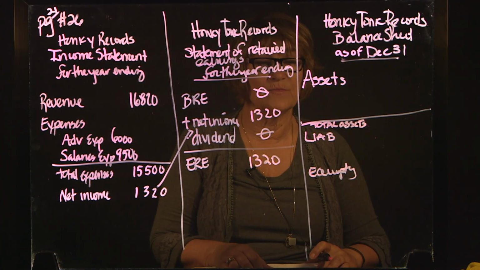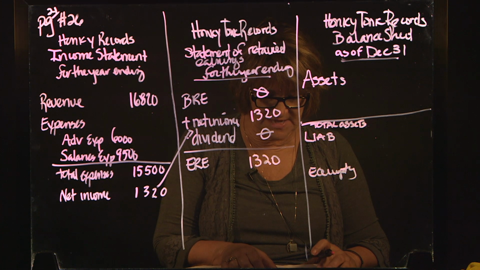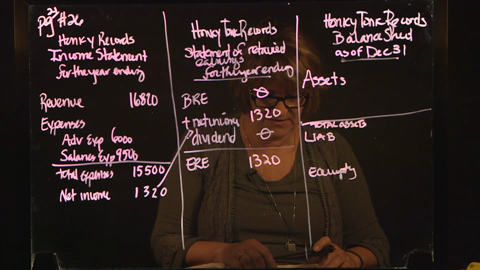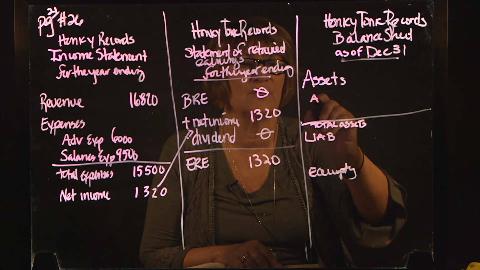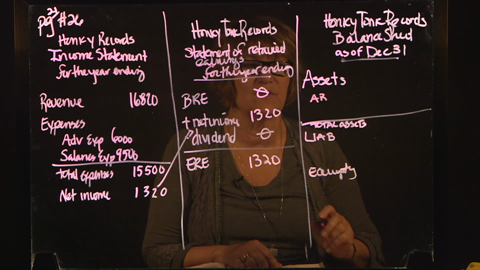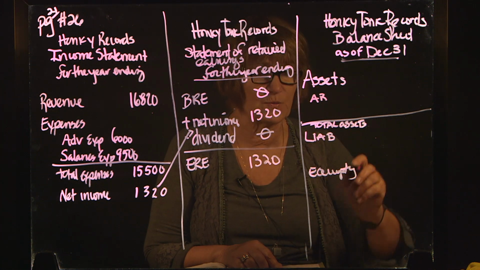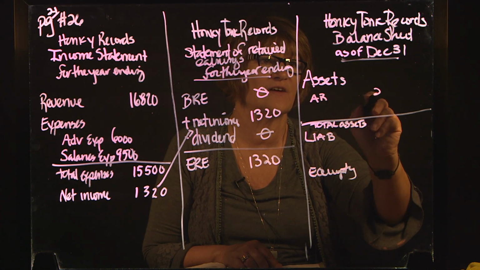So let's go ahead and pull off the accounts that we deemed as balance sheet accounts and figure out which one would be an asset. If you look at your cheat sheet on the back of the book, accounts receivable is one, which is $21,000.